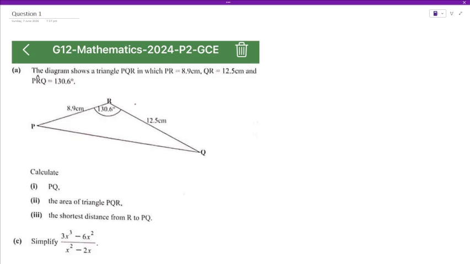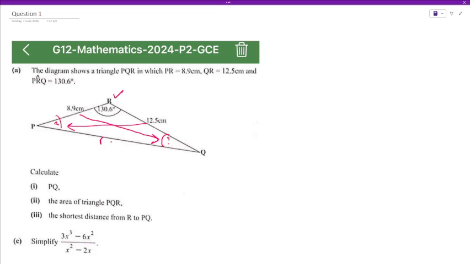As you can see, I've already spoken about this in the previous sessions, and just looking at the way the sides and the included angle are placed, you can easily tell that this is going to be the cosine rule. Because if you try to apply the sine rule, you will notice the side corresponding to that is r, which we don't know, and then the angle corresponding to this side is this one here, which we also don't know, and then the angle corresponding to that side is this one there, which we also don't know.